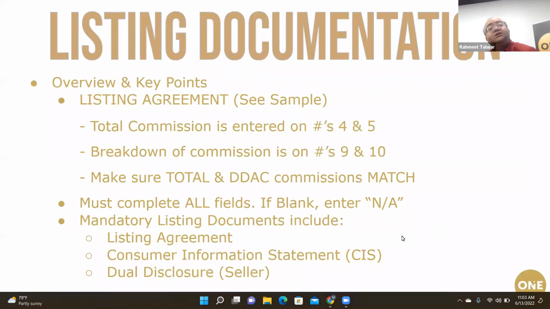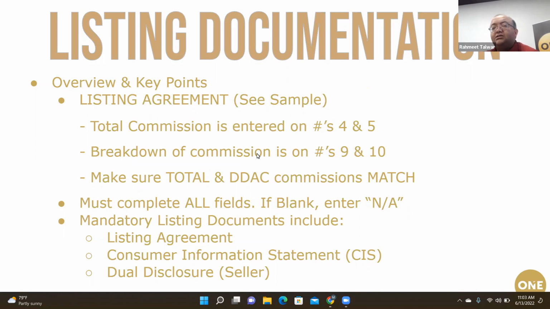So listing documentation. The listing documentation that's required for any listing in our office, at minimum, you need a listing agreement, the consumer information statement, and the dual disclosure.